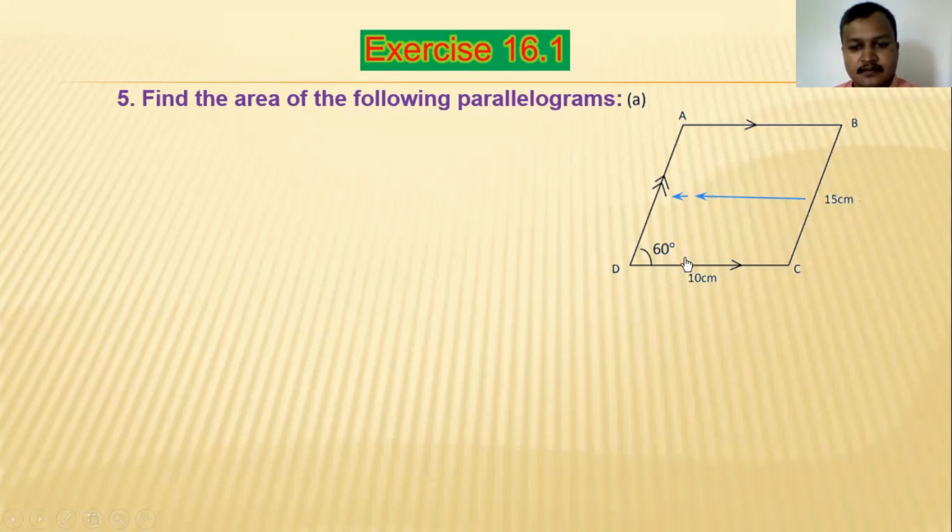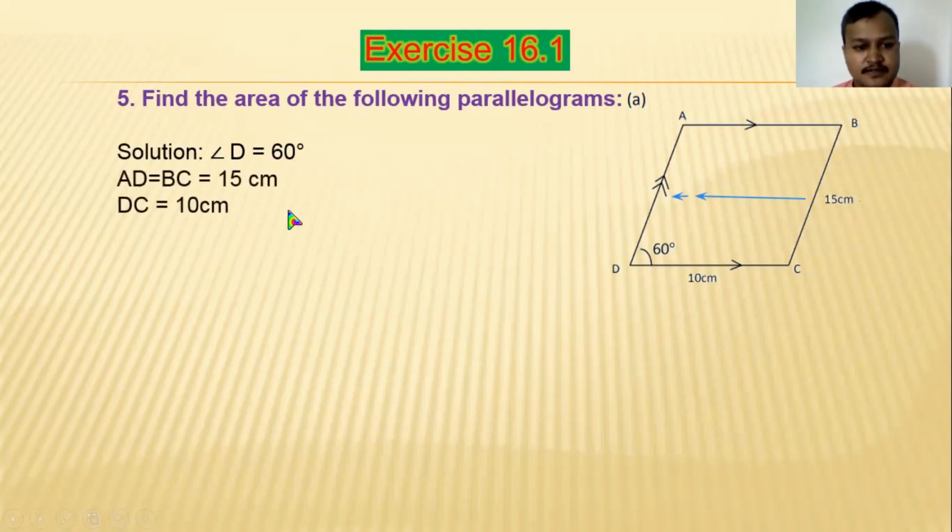Then we'll easily get the area of it, because the formula for area of a parallelogram is the product of two sides into sine of the angle between them. So here in the solution, we can say angle D is 60 degree and AD is equal to BC is equal to 15 centimeter, because these are opposite sides of the parallelogram, and DC is equal to 10 centimeter.